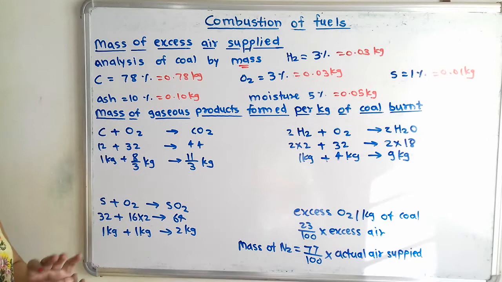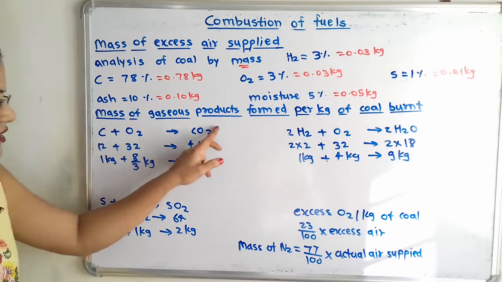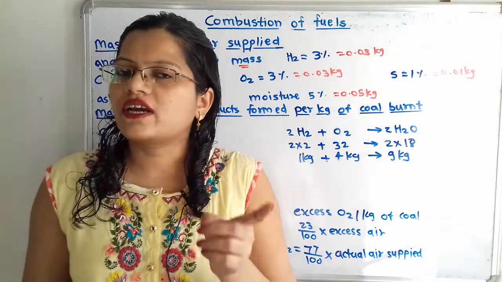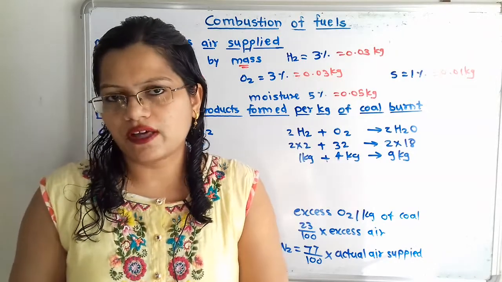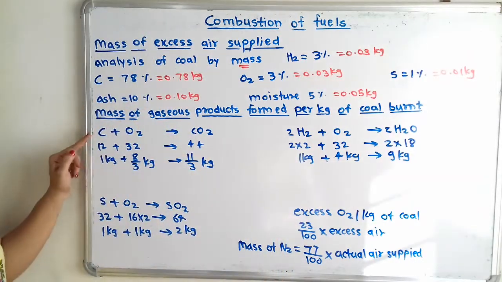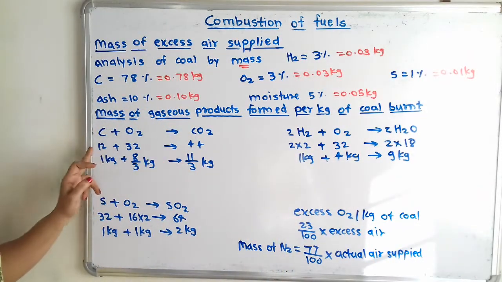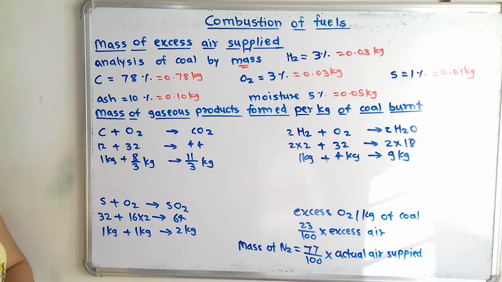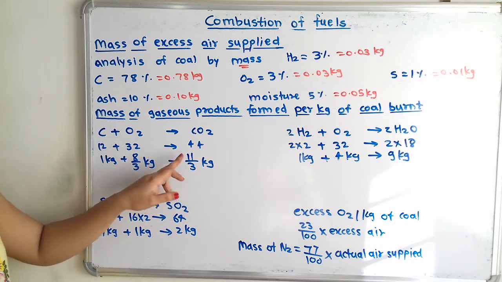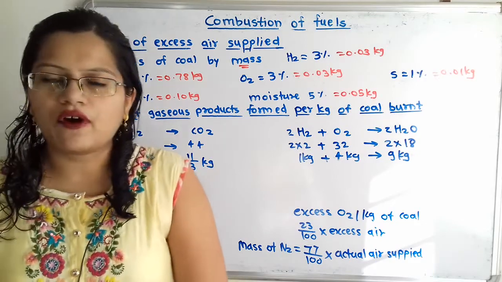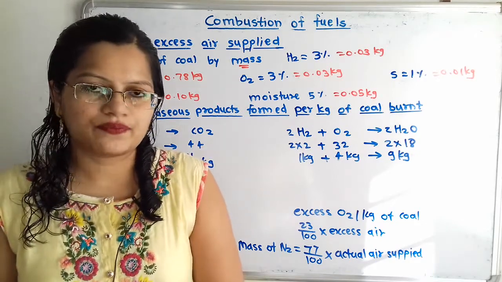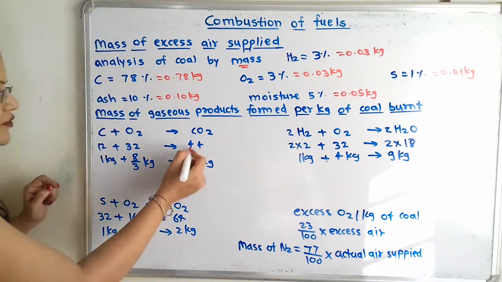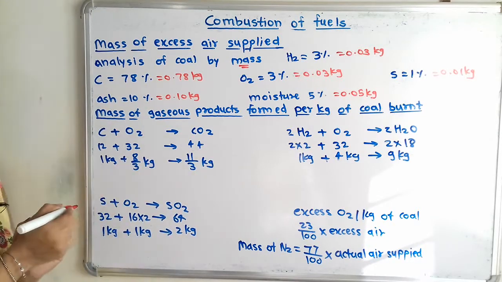Now we have to find the CO2 formed for the combustion of 1 kilogram of carbon, so I divide both sides by 12. How do we read this? 1 kilogram of carbon combines with 8 by 3 kilogram of oxygen and generates 11 by 3 kilogram of carbon dioxide. This is the amount of CO2 for 1 kilogram of carbon.